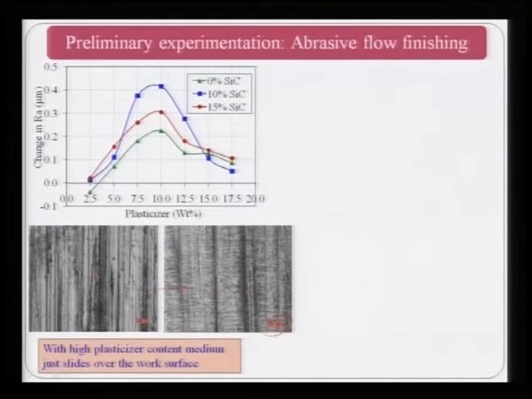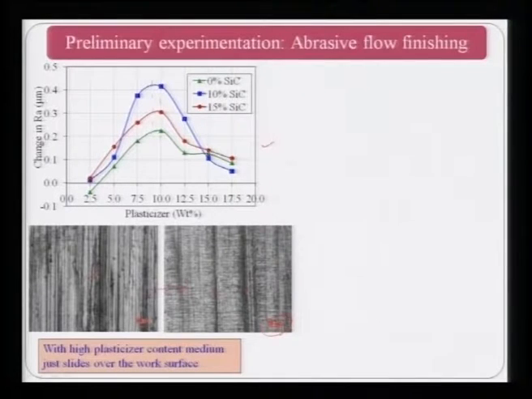This same thing has been shown over here in the top picture, that is the relationship between plasticizer weight percent content and change in Ra value, that is initial Ra value minus final Ra value, that gives you the change in Ra value. Now, you can see that up to around 10% of plasticizer, up to that particular point the change in Ra value is increasing, and beyond that it starts decreasing.